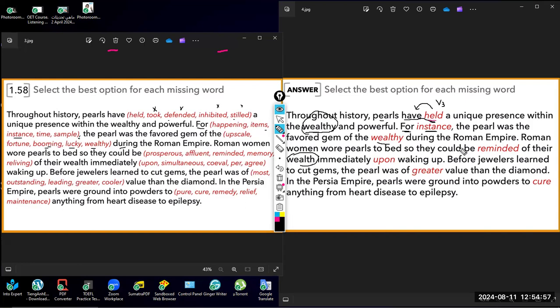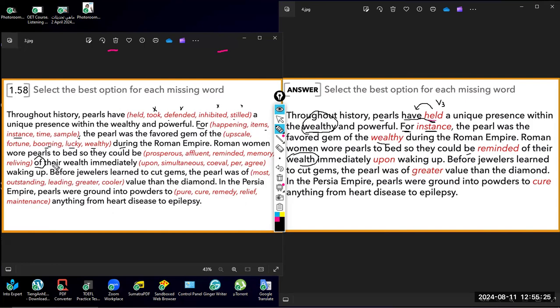Okay, so Roman women wore pearls to bed so they could be reminded. Keep in mind, guys, that after here we have of. So we have reminded, and here we have of. Now, keep in mind that I have to use of with remind.